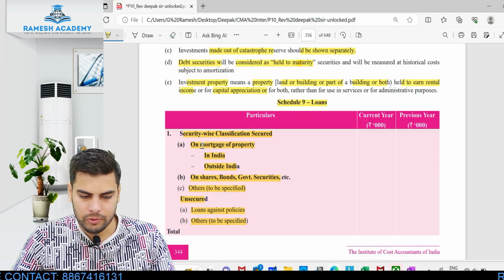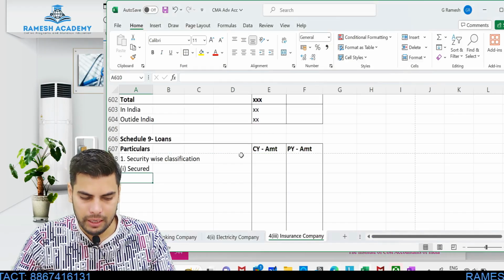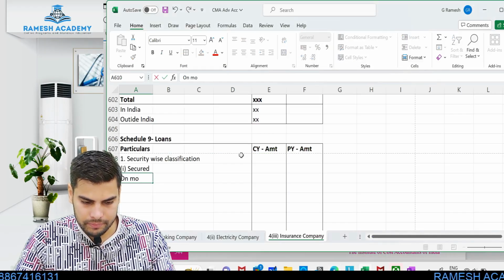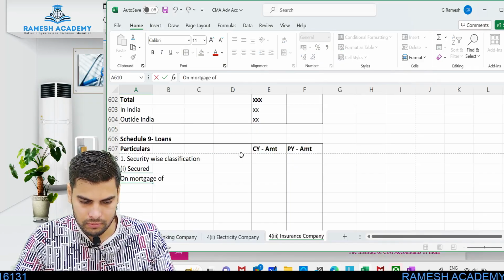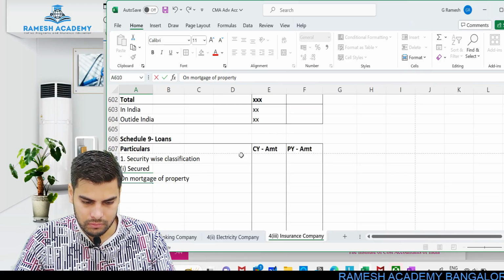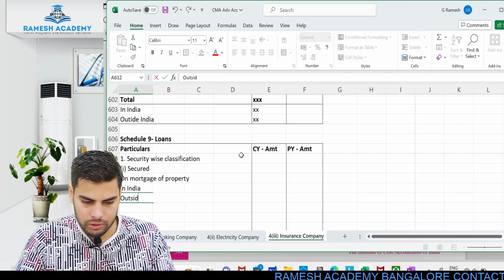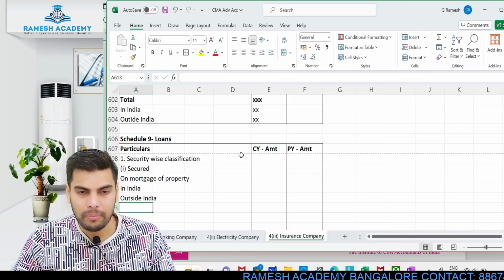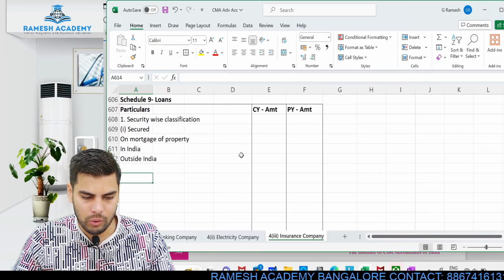Again, when it comes to secured, on mortgage of property in India and outside India. So the property which I'm pledging, whether it is in India or outside India.